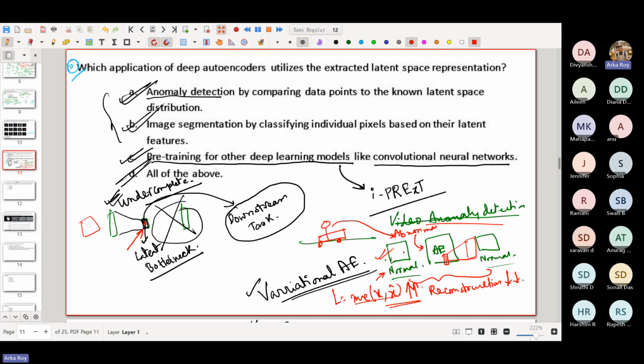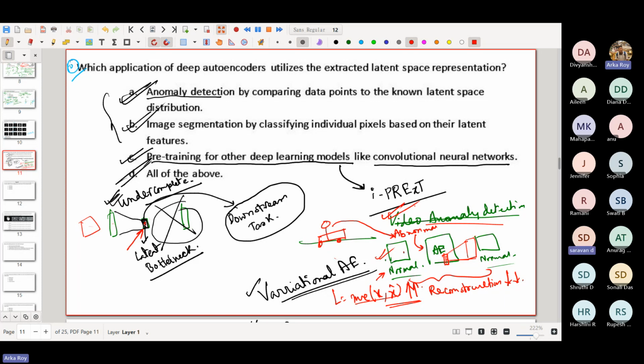As those features are very bad, the reconstruction will also be very bad, and therefore the loss will be very high. And then you can consider that if the loss is very high, that is an anomalous condition, that is not a normal case. So in this way, you can use an autoencoder for anomaly detection.